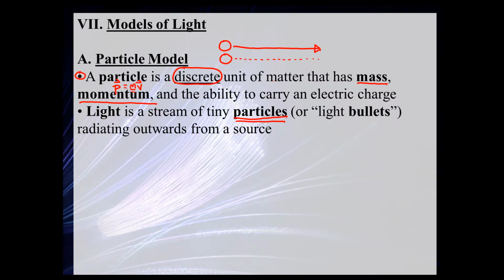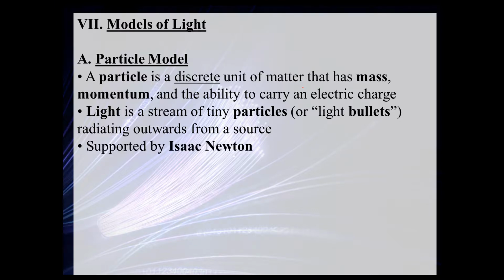We're going to get around the mass problem later, but for now, yes, the light does not have a rest mass. There's got to be something to this, though, because this particle model is supported, or was supported, by Isaac Newton, the guy we spent all of Physics 20 looking at his laws of, and I think he had a major contribution in designing calculus, or at least some contributions towards calculus. So there's seemingly got to be some truth to this.